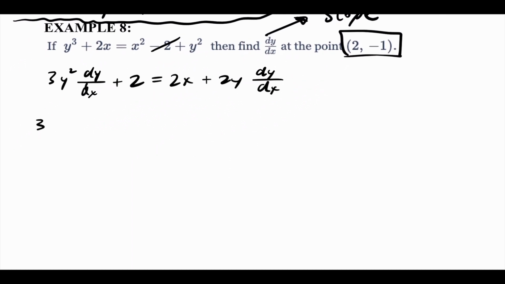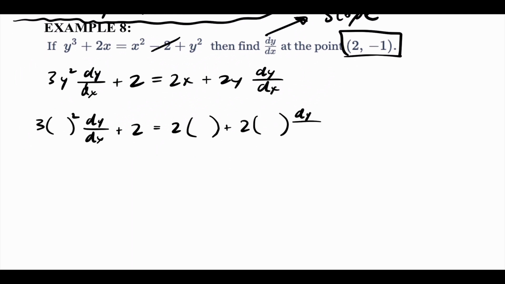So I get 3y squared dy dx plus 2 equals 2x plus 2y dy dx. Okay, so everywhere there was a y, I'm putting in a negative 1. Everywhere there's an x, I'm putting a positive 2. PEMDAS.